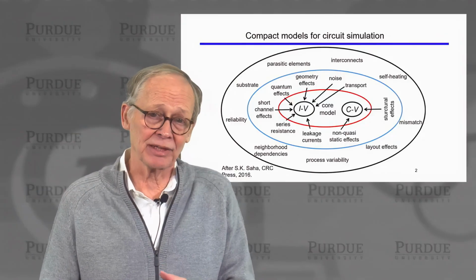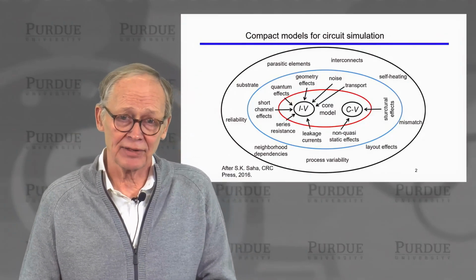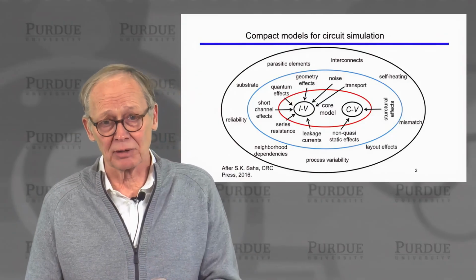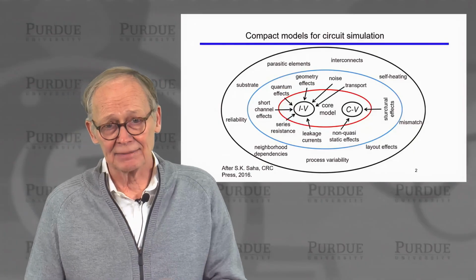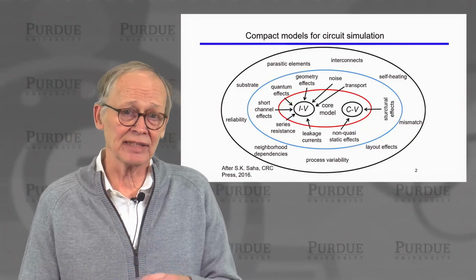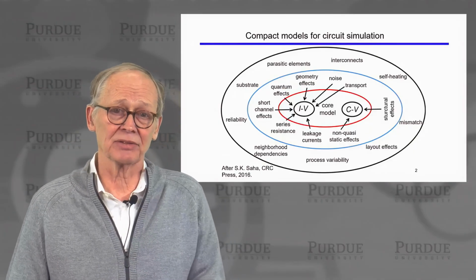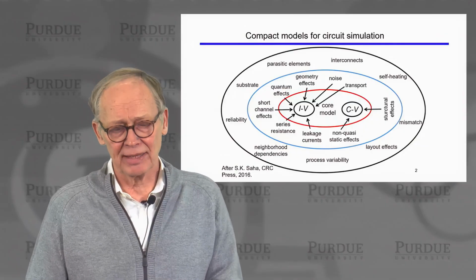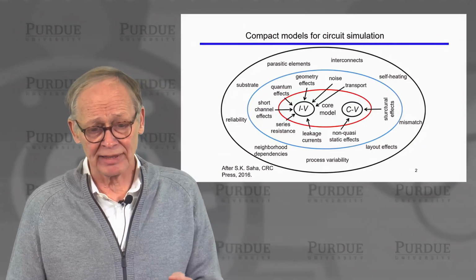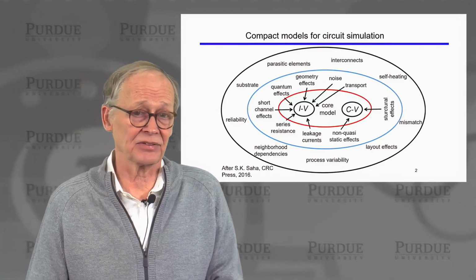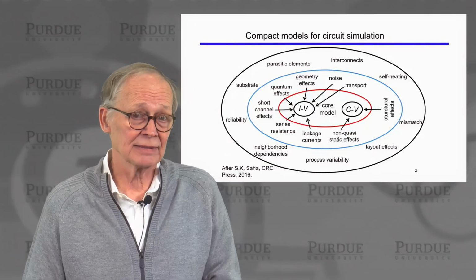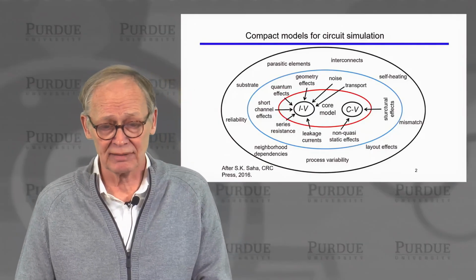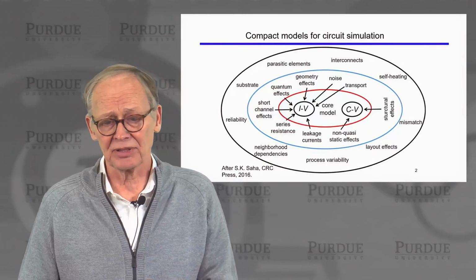The neighborhood of the transistor is also important. The various transistors and structures that are around the one of interest, they may generate stresses that influence the operation of the transistor itself. So those need to be comprehended as well. The reliability of the device itself can be modeled and is sometimes included in the model as well. There are some effects due to the substrate.